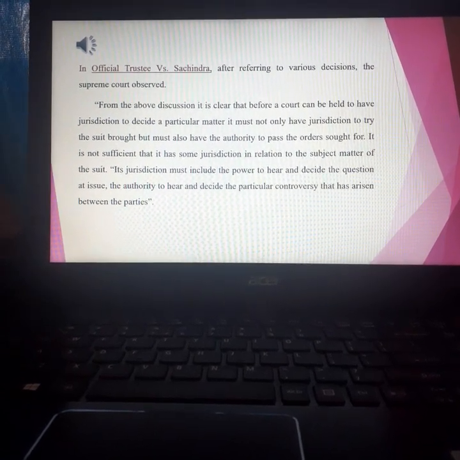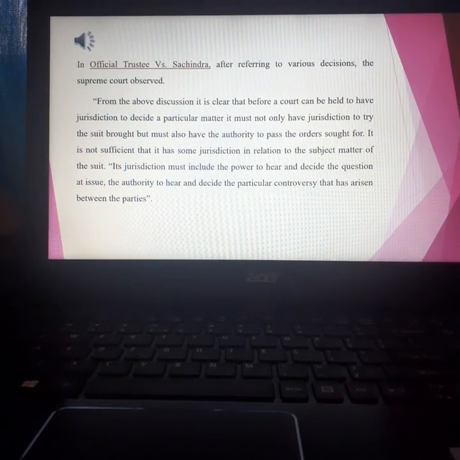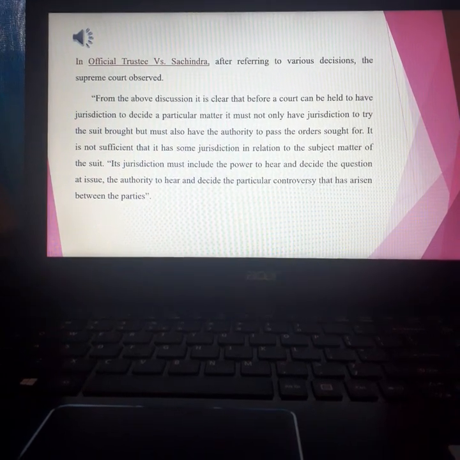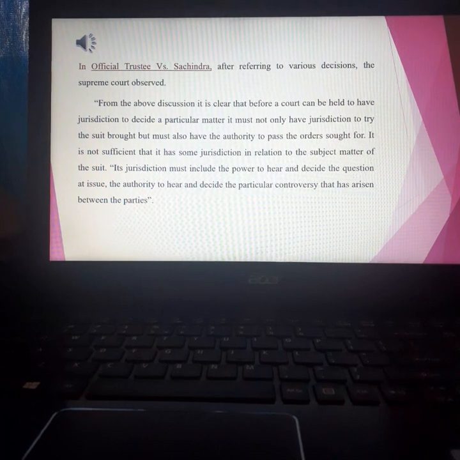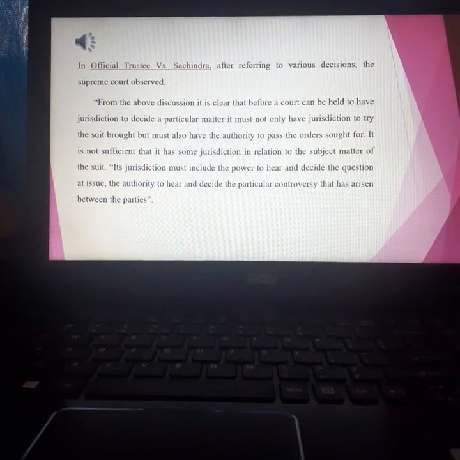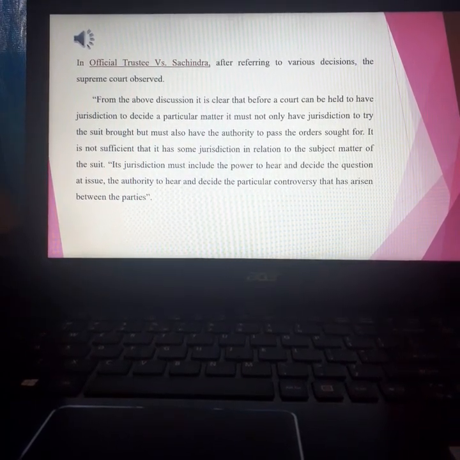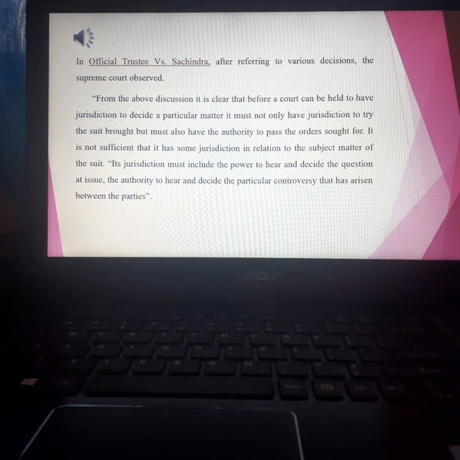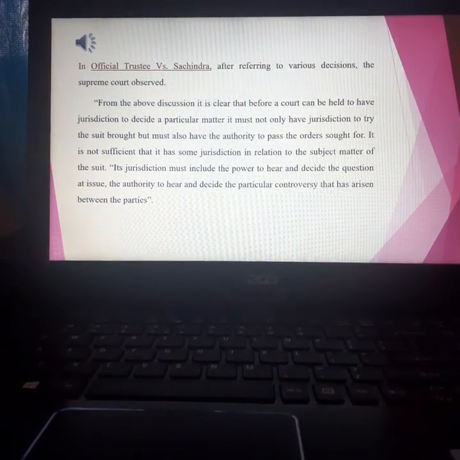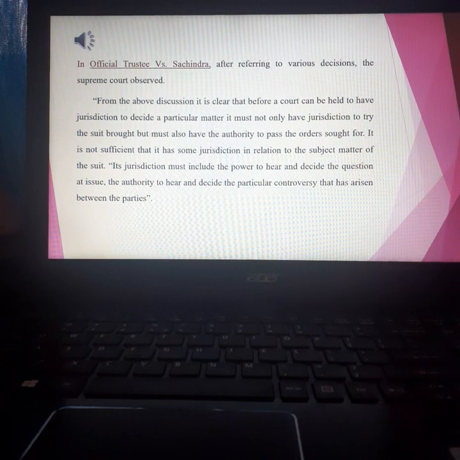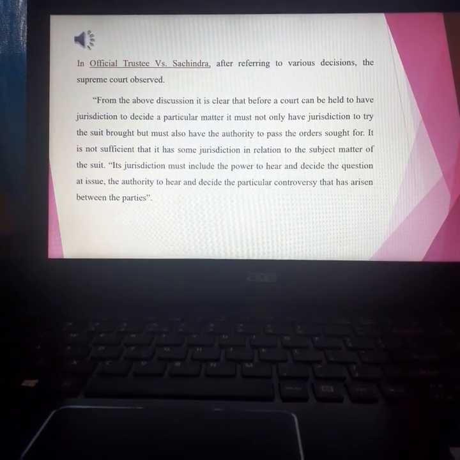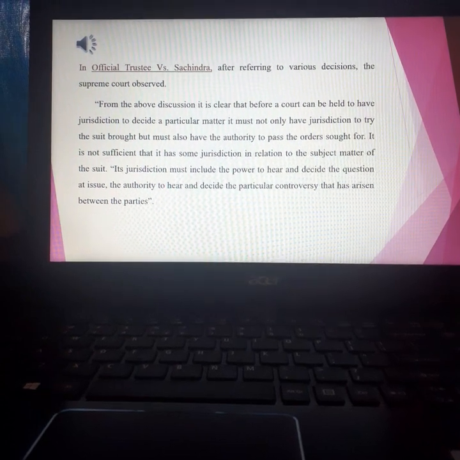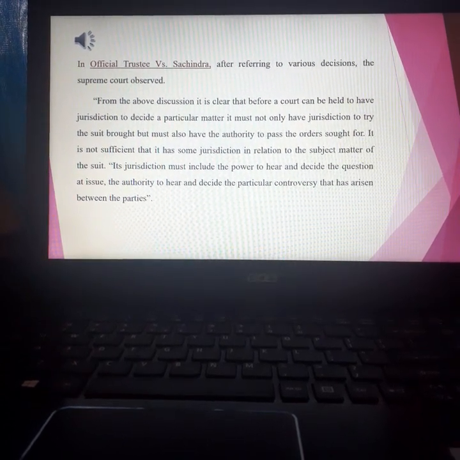In Official Trustee versus Sachindra, after referring to various decisions, the Supreme Court observed: from the above discussion, it is clear that before a court can be held to have jurisdiction to decide a particular matter, it must not only have jurisdiction to try the suit brought, but must also have the authority to pass the orders sought for.